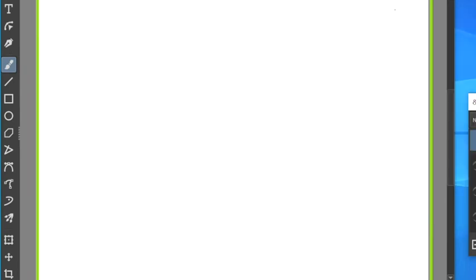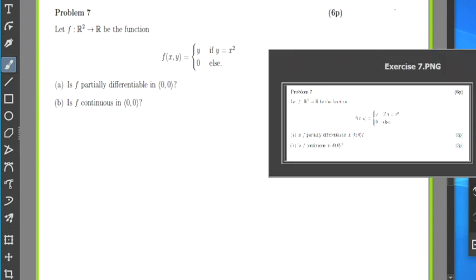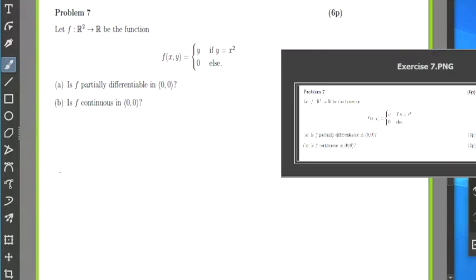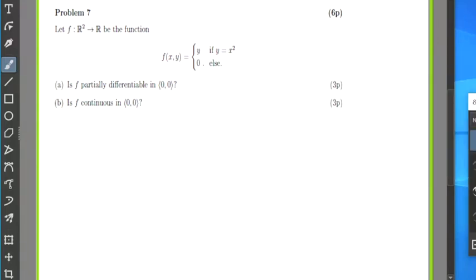I'm going to bring up the exercise problem. I'm going to bring up problem 7, and let's start trying to solve it. So what do we have here? We have a function which is defined in a very special way. So what it does is that when it gets a point x, y, it first checks if it's on the curve y is equal to x squared.